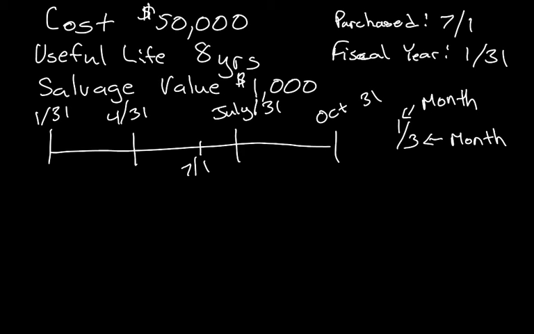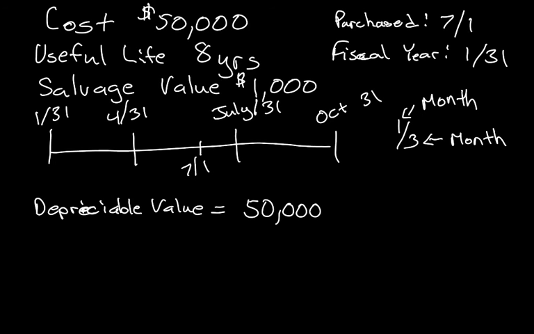So in finding the depreciable value, we need to take the cost, which is $50,000, minus the salvage value, which is $1,000, divided by the useful life, which is 8 years.